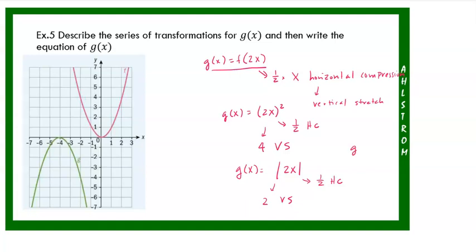If it was g of x equals a cubic, that 1/2 horizontal compression scale factor now becomes an 8 scale factor of the vertical stretch.